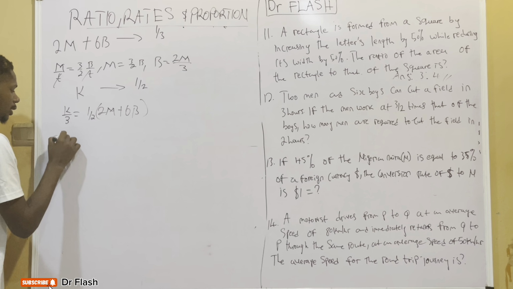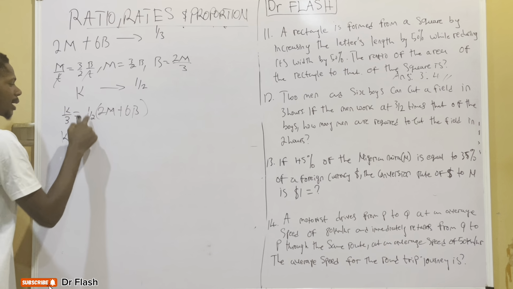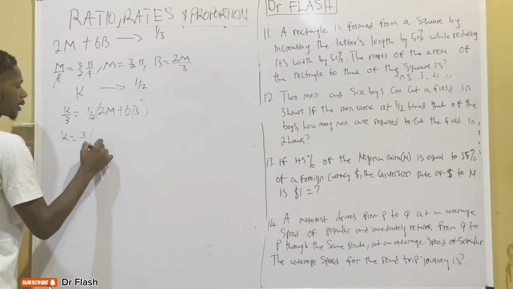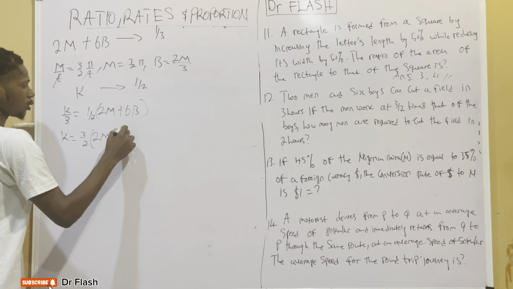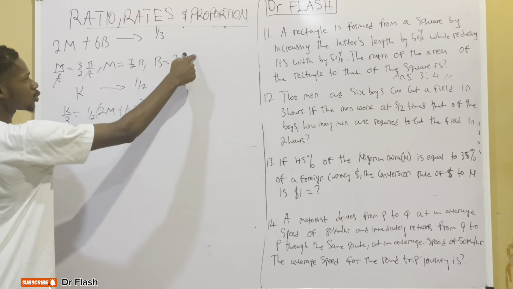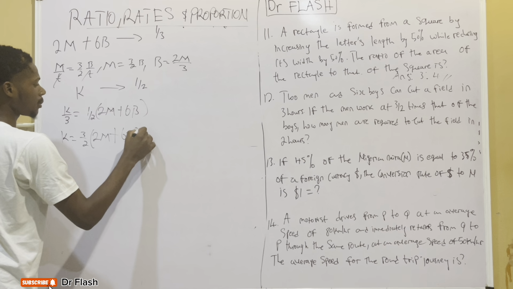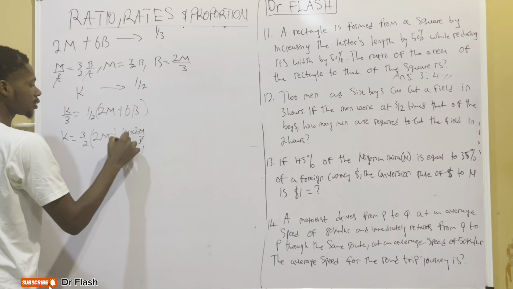If we substitute, we get K equals 3 over 2 in brackets: 2M plus 6 times B, and B is 2M over 3. So we have 2M divided by 3. The 3 here is 1, the 6 here is 2.